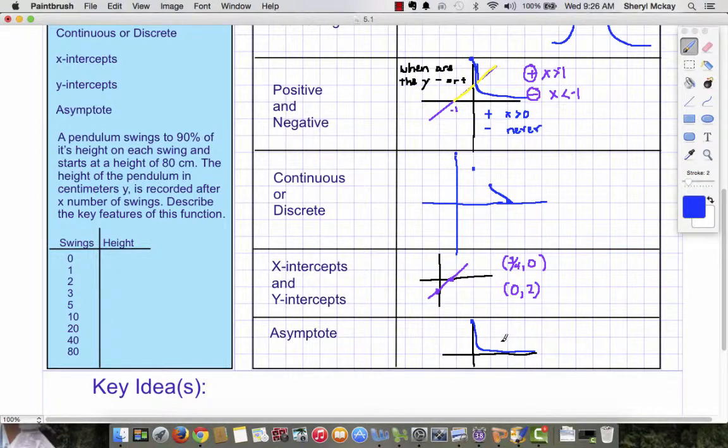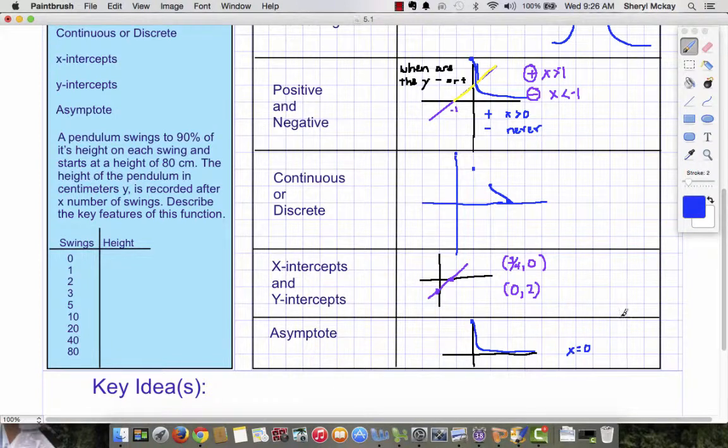An asymptote basically says, what's the line that the function comes very close to, but never, ever reaches. In this case, it's x is 0.